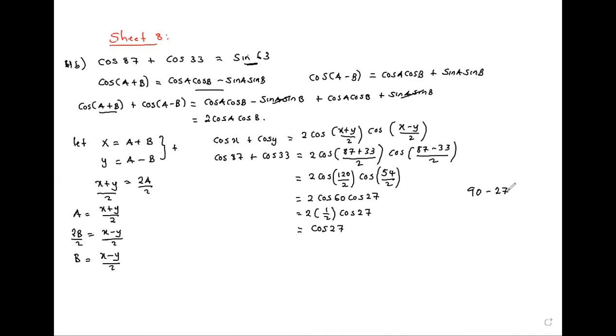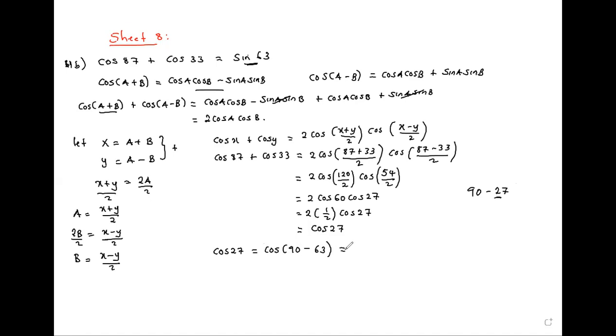What do we get? 90 minus 27 is 63. So it would be a good option if we said cos 27 is the same as cos of (90 minus 63), because we know that 90 minus 63 will be 27.